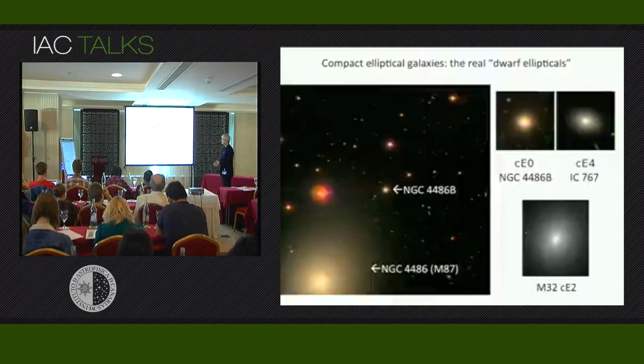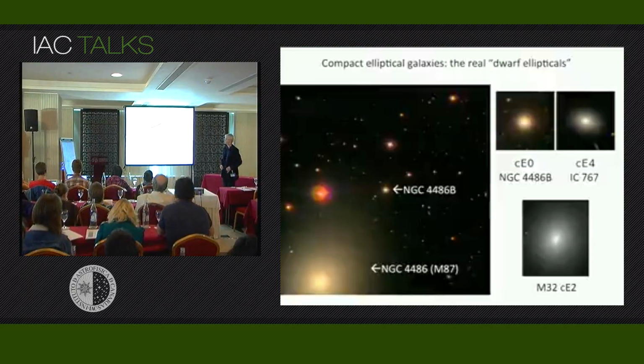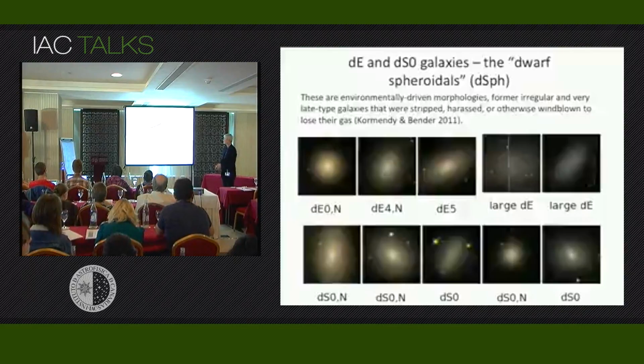One thing you can do is have nice color images of elliptical galaxies. I'm getting back to John's views of some of the ellipticals. A compact elliptical like NGC 4486b is probably a low luminosity counterpart to some of these larger ellipticals. And here are some compact ellipticals in color.